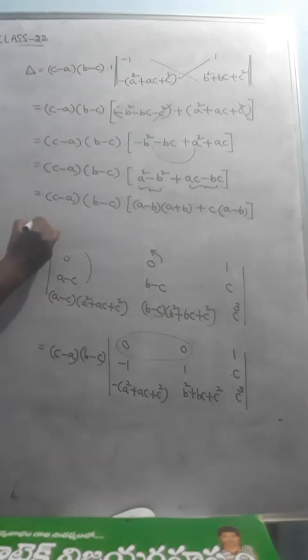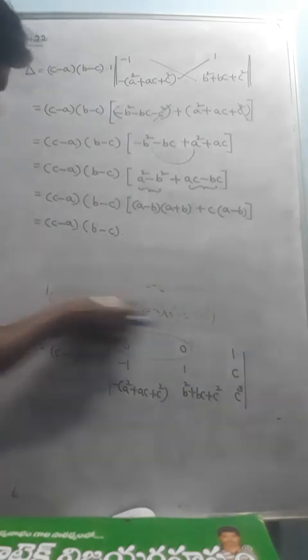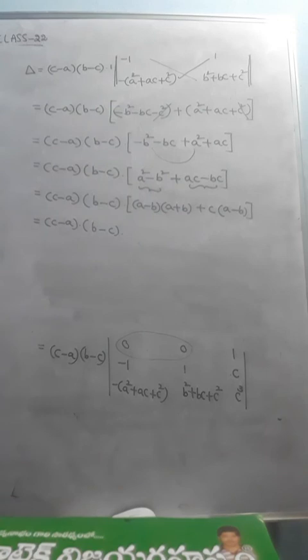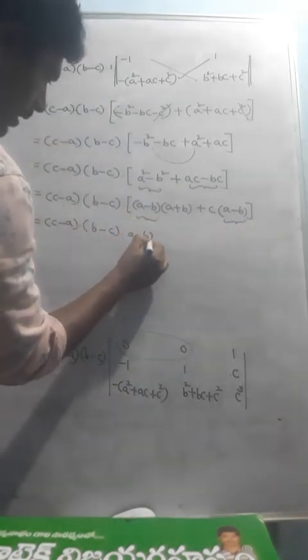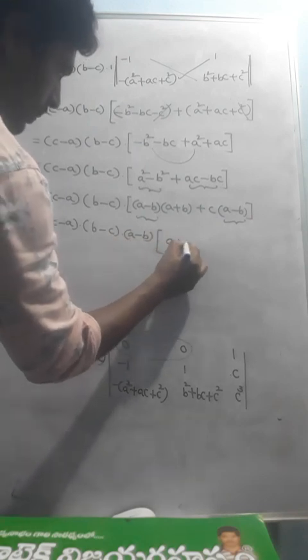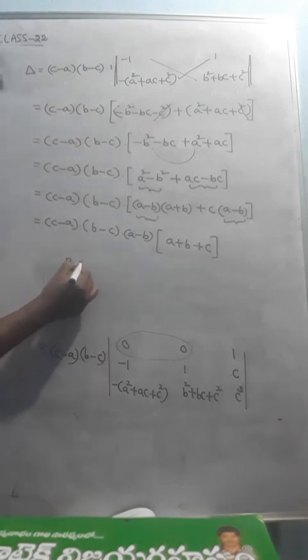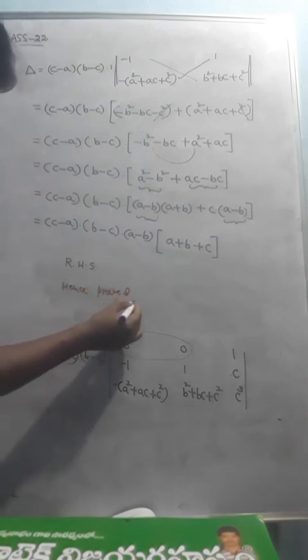Next step, that is equal to C minus A into B minus C into, if you take A minus B common again, because in those two terms A minus B is common, so you can take A minus B common, then what happens, A plus B plus C. This is RHS. Okay, hence proved, a very important problem, hence proved.